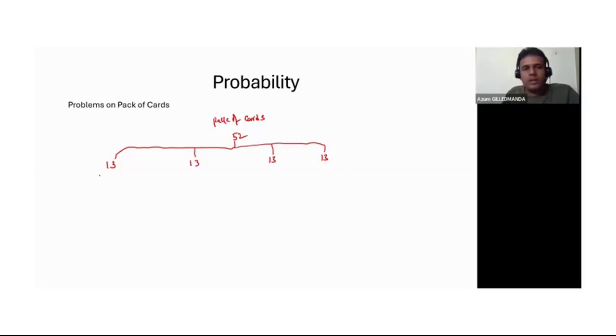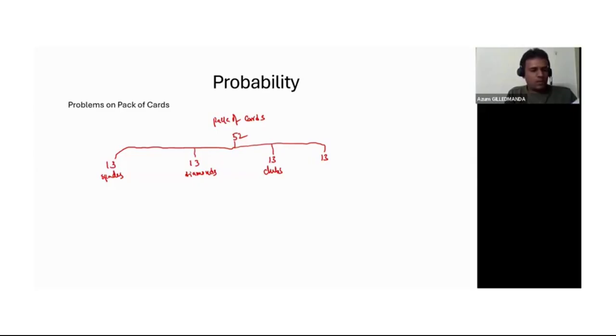So there are 13 cards which we call as spades, right? And then diamonds, clubs, and there is another category. So they are divided into basically 13.